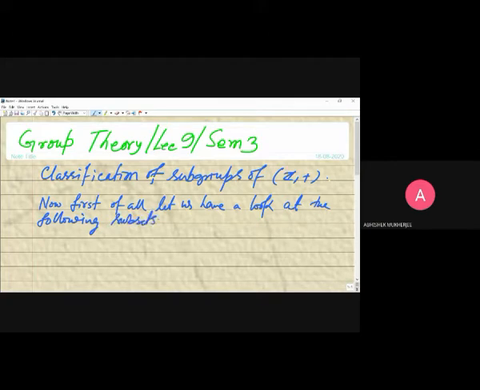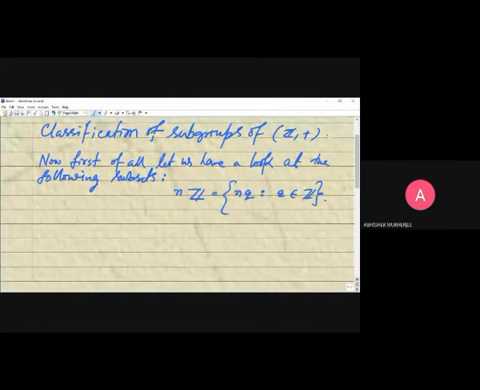What are those? The subsets in Z. NZ means the set of all integers which are multiples of n, right? So first of all we are looking at these subsets.